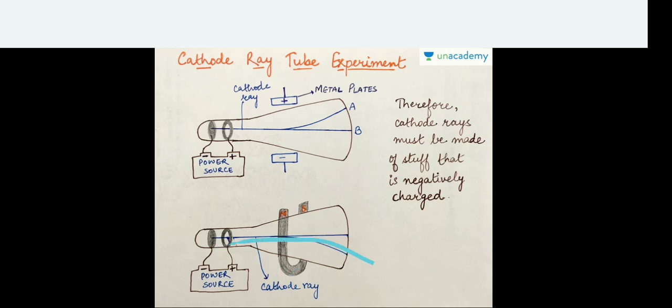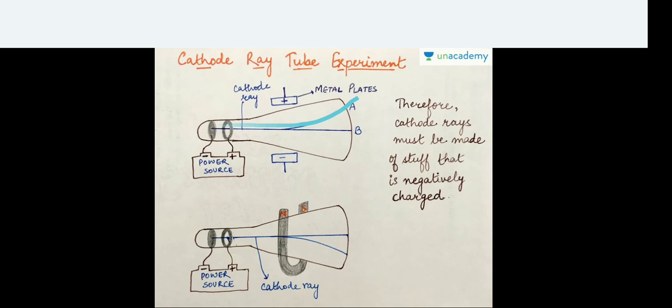So with the help of this experiment, he concluded that the cathode ray must be made up of something negative. Why negative? Because only opposite charges attract each other. Since this cathode ray was attracted towards the positive metal plate, the cathode ray must be negative in nature. And therefore he named these negatively charged particles as electrons.